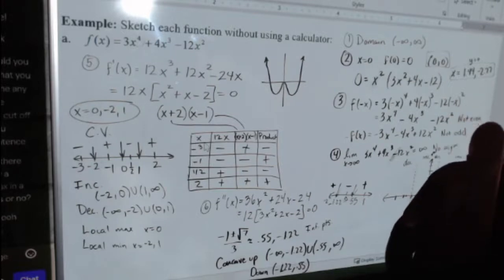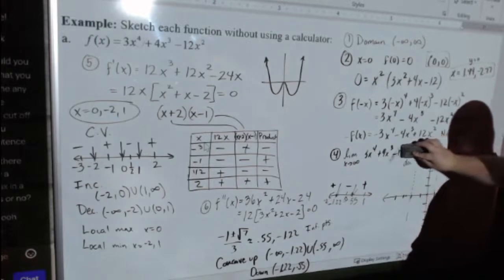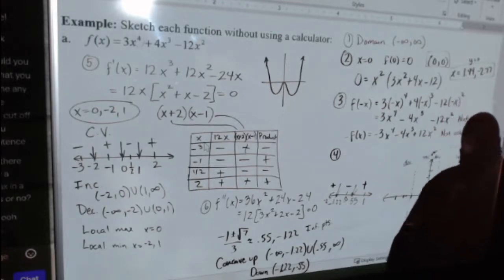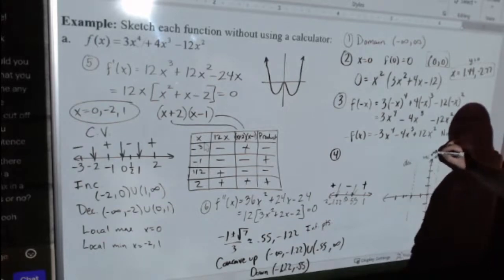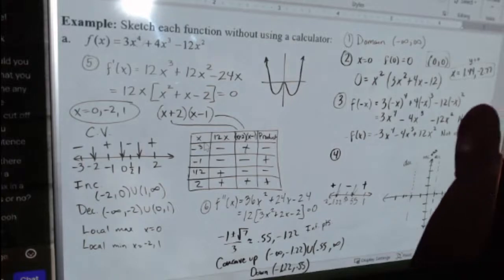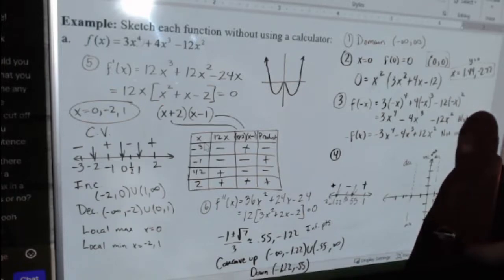And as soon as I get done writing this all out and drawing it, I will bring the camera over so you can see it a little better. So I know I've got to have a max there. I've got to have a min at -2 and 1. So here's -2. So I got to have a min there, and I've got to have a min here.